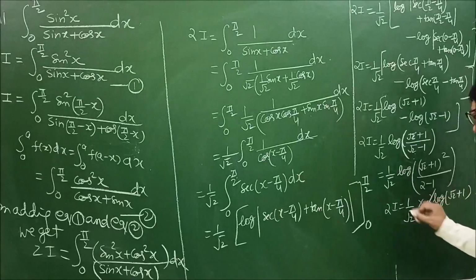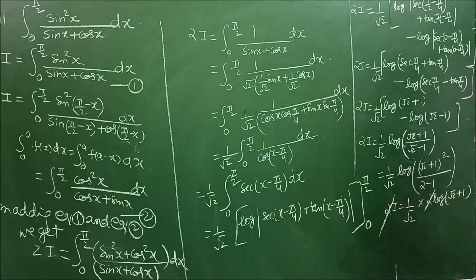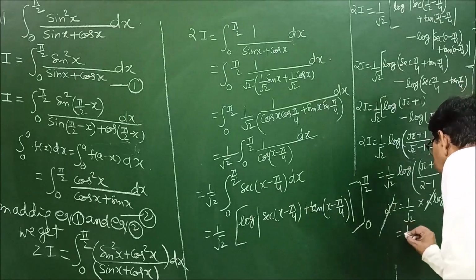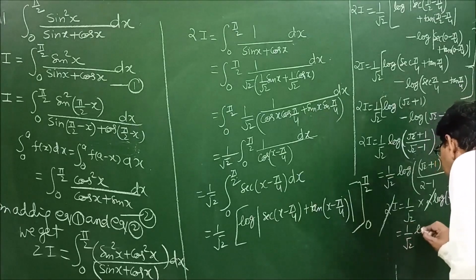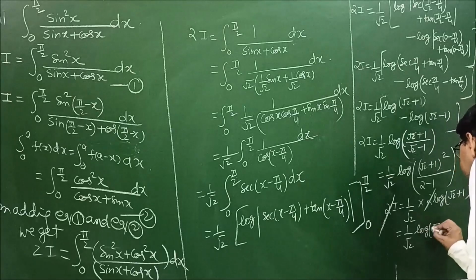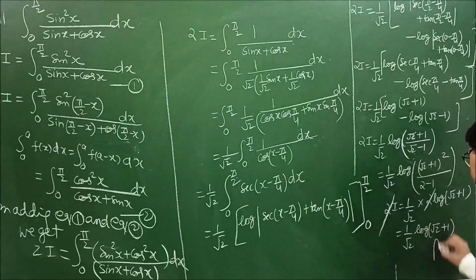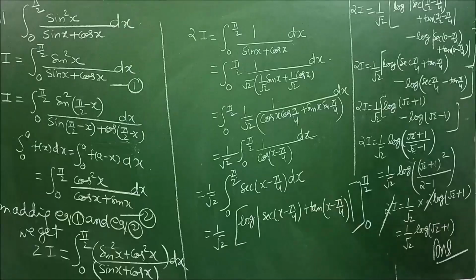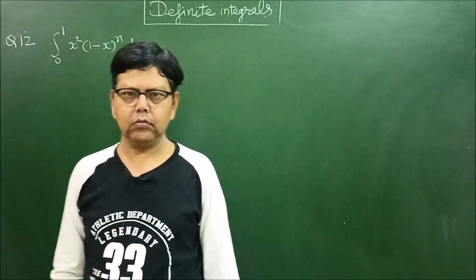This 2 and 2 is cancelled here. So the final answer is 1 upon root 2 log of root 2 plus 1. So this is the final answer of this question.